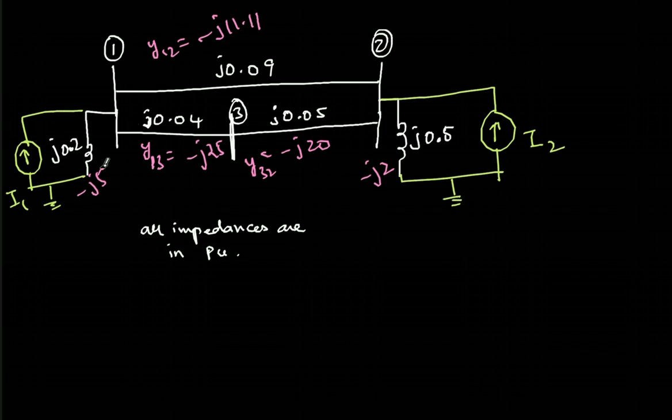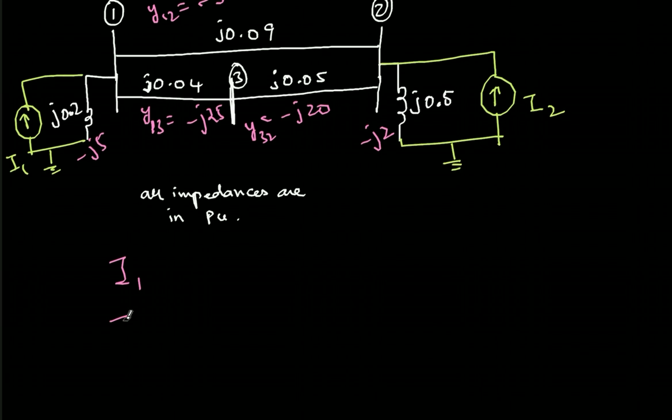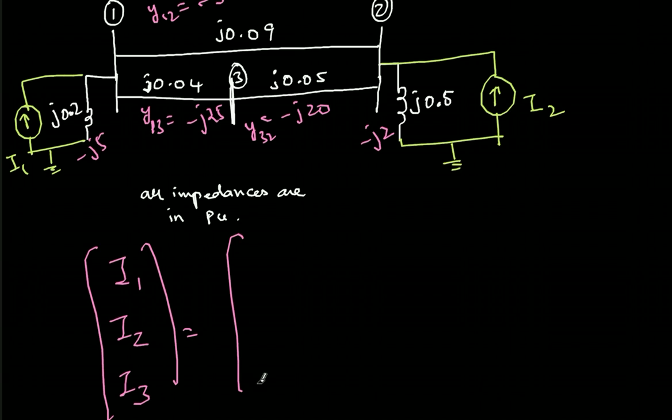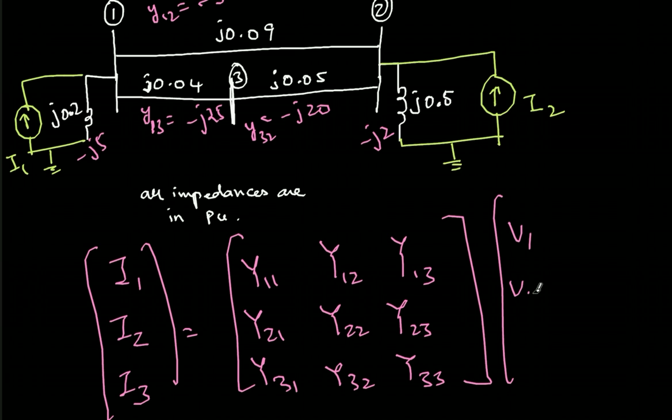Now, if I want to write it, you know that I1, I2, I3 equal to Y11, Y12, Y13, Y21, Y22, Y23, and then Y31, Y32, and then Y33, and then I have V1, V2, V3.